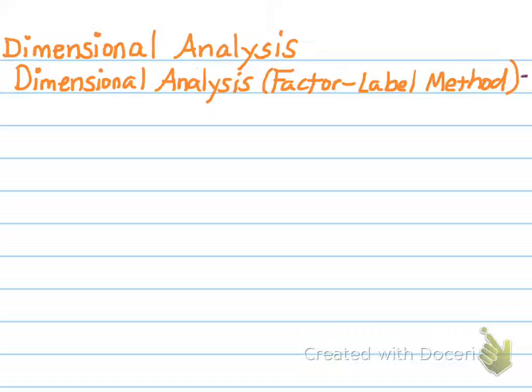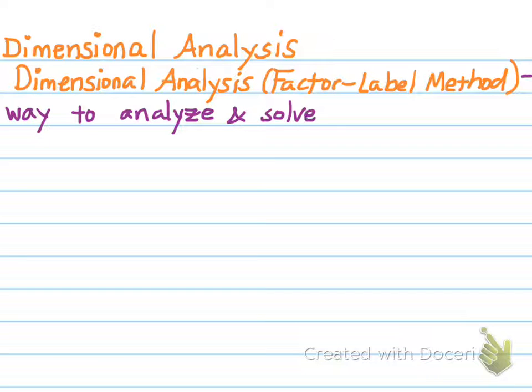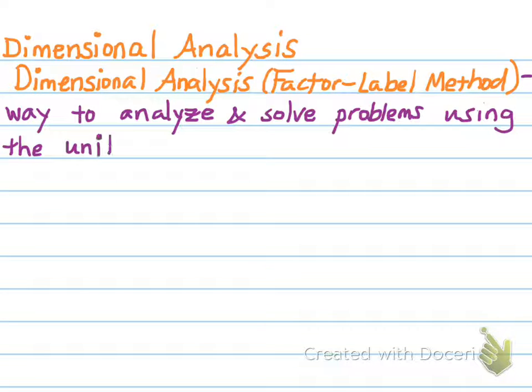So the definition of dimensional analysis, which is also sometimes called the factor label method, is a way to analyze and solve problems using the units, which are also called dimensions, which is why it's called dimensional analysis, of the measurement.